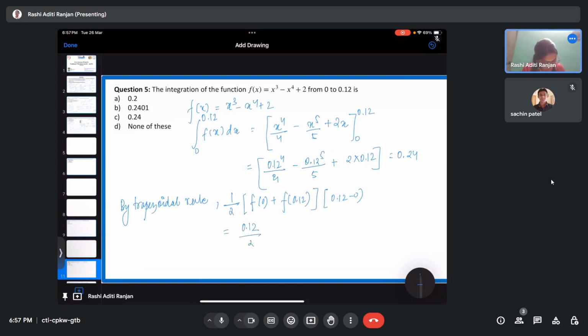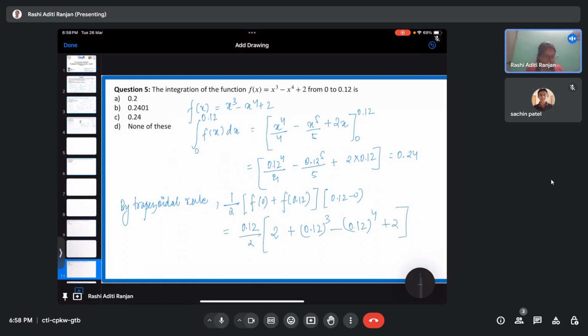Now this would become 0.12 by 2. F of 0 is going to be 2 because x cube and x to the power 4 are going to be 0. So I'll have 2 plus 0.12 to the power 3, minus 0.12 to the power 4, plus 2.